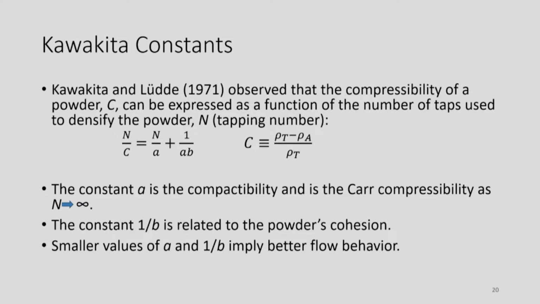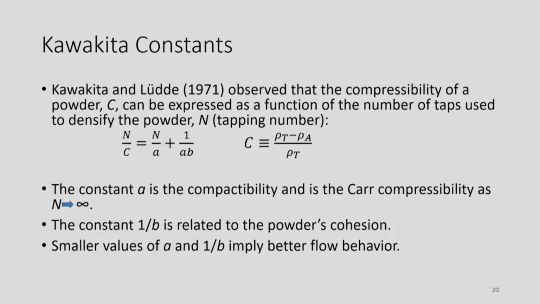They related the number of taps and the change in properties to flow behavior, cohesion, etc. So this N here is the number of taps, C is the compressibility or compactability of the sample. That's calculated from the tap density and the bulk density of the samples.